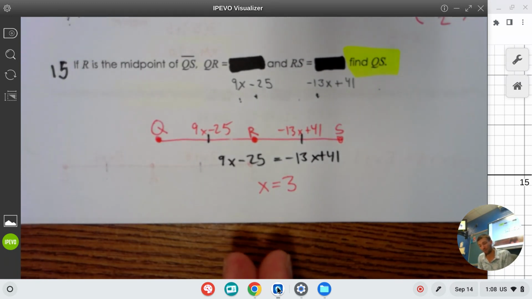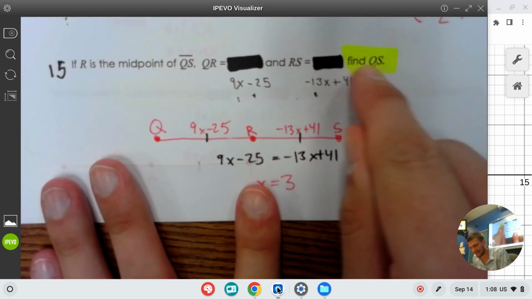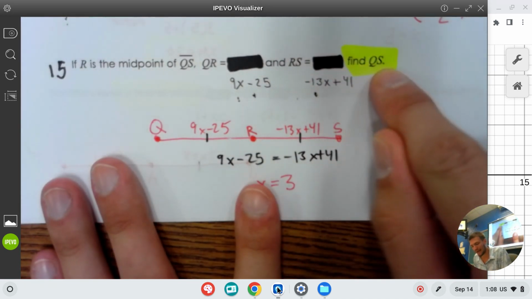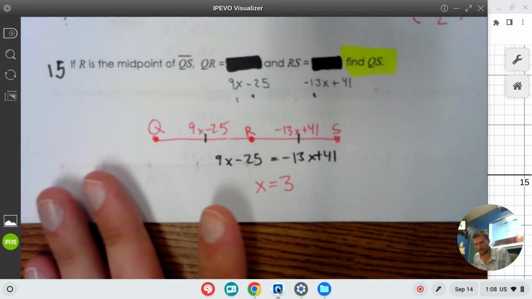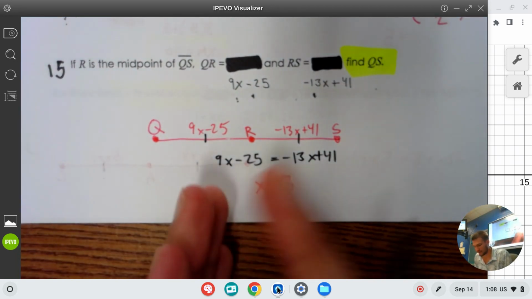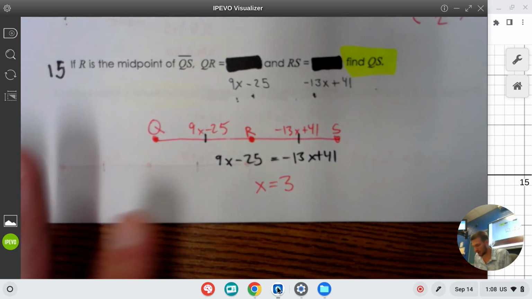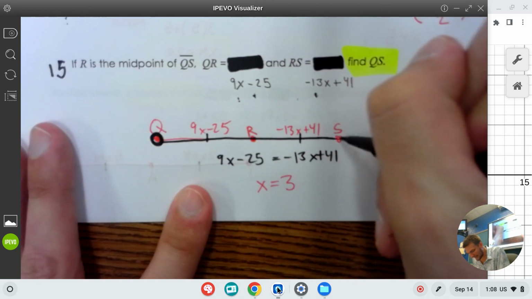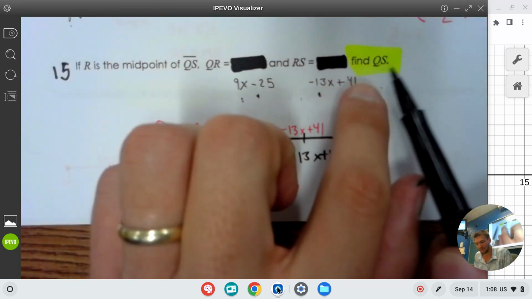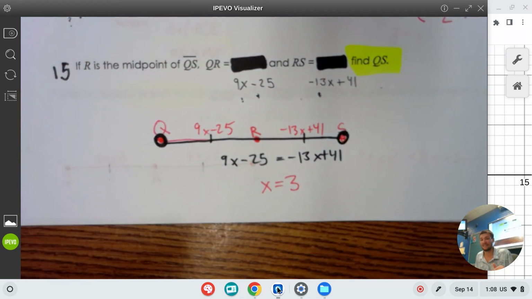So far, our work is looking good, but the answer needs to be QS. What is QS? Look at your picture. What does QS mean? The whole thing from Q all the way to S. And because there's no bar, we're talking about the distance.